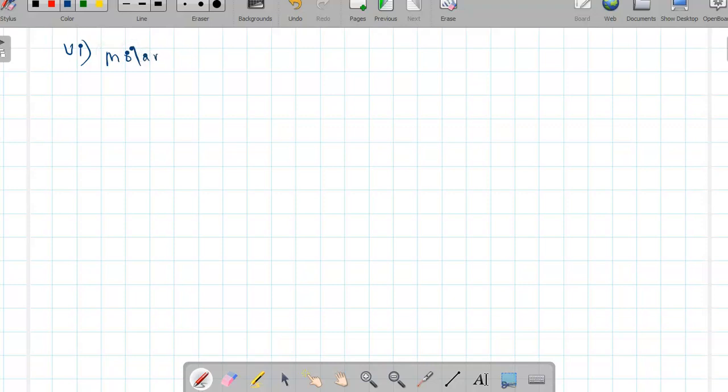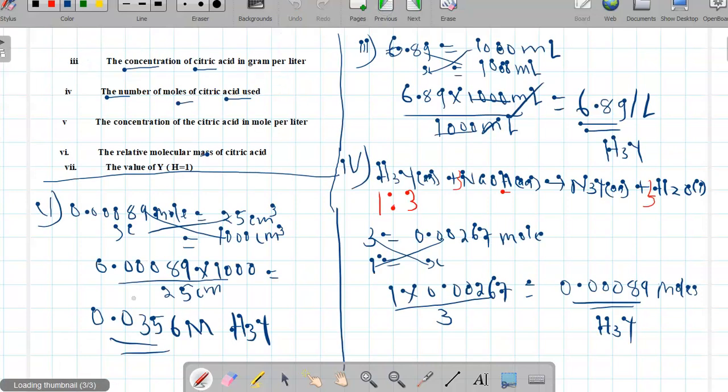Molarity is equal to concentration in gram per liter over RFM. The molarity is 0.035, and the concentration we have here is 6.8 gram.